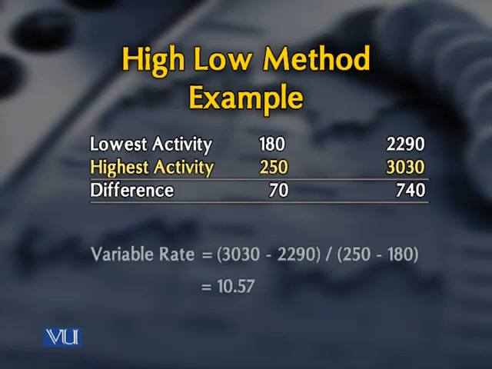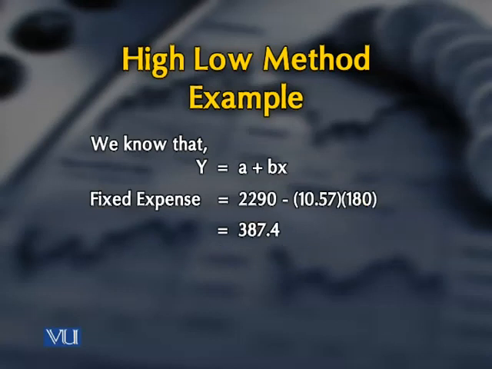If you divide 740 by 70, you will get the variable rate per hour, that is 10.57. Now, if you multiply this with 180 or with 250, you will get the variable cost. If you take the variable cost out of 2,290 or 3,030, the fixed cost comes to 387.4.